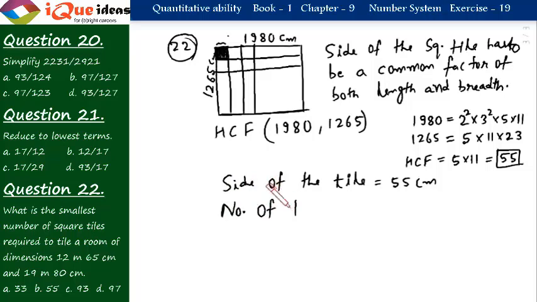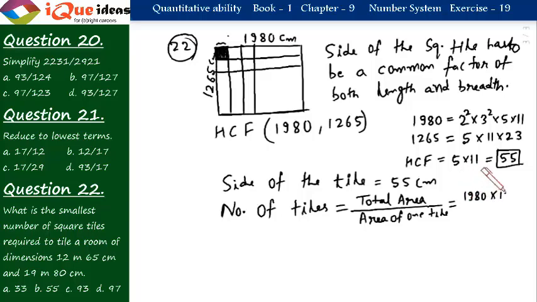So how will you calculate the number of tiles? The number of tiles required would be equal to the total area of the floor divided by the area of one tile. Total area available here is 1980 into 1265, divided by the area of one tile, 55 into 55.